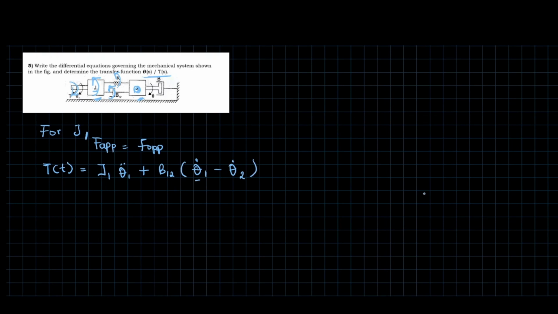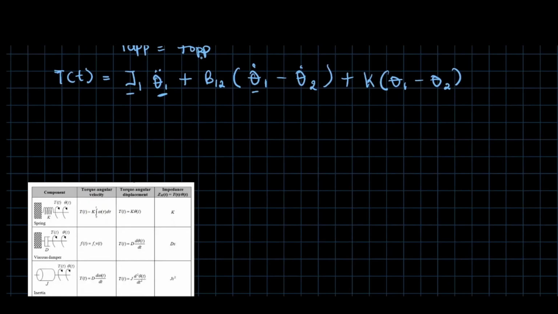So this is velocity, plus k, which is from angular displacement. K is in between the two of them, so it's going to be theta 1 minus theta 2. We take the Laplace of this double differential.